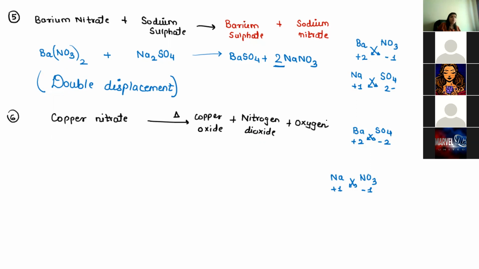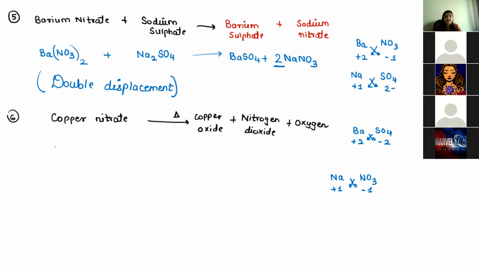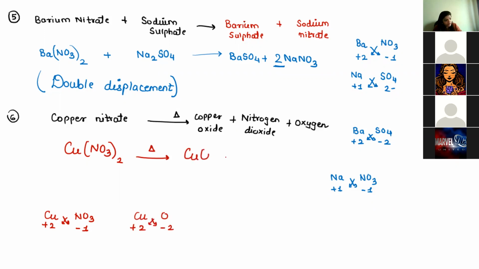What is the formula of copper nitrate? Yes, Cu is +2, nitrate -1. So Cu(NO3) the whole twice on heating. Copper oxide: Cu +2, O -2, crisscross, CuO.